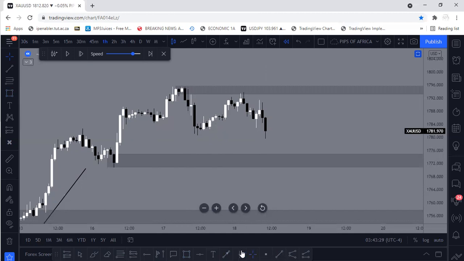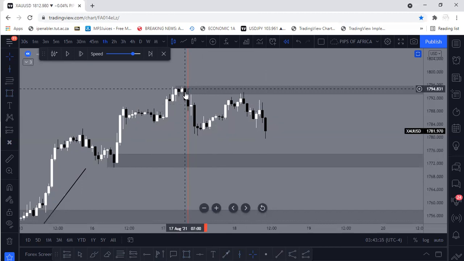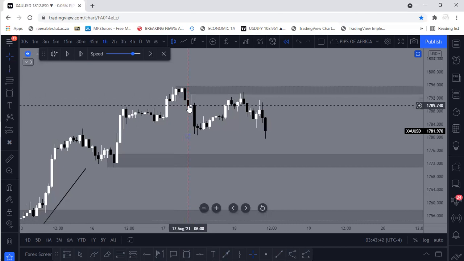So the New York session kick-started here. It was 7 o'clock New York time. We already know that there's an order block there. When the New York session started, it went above to mitigate an order block.